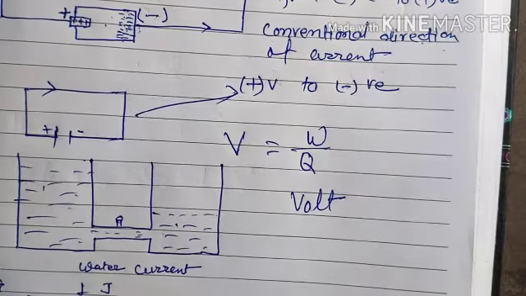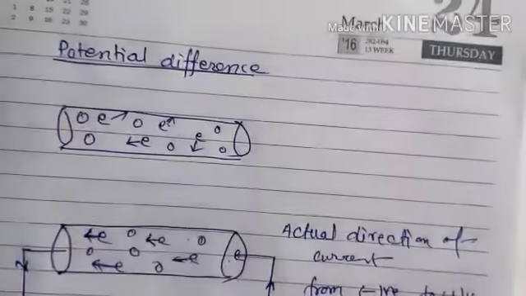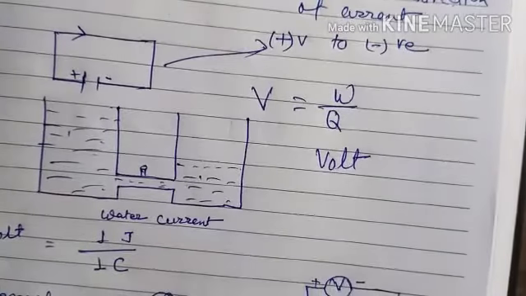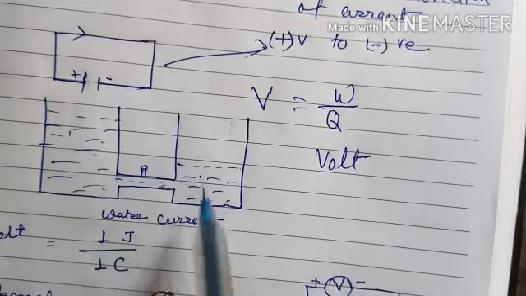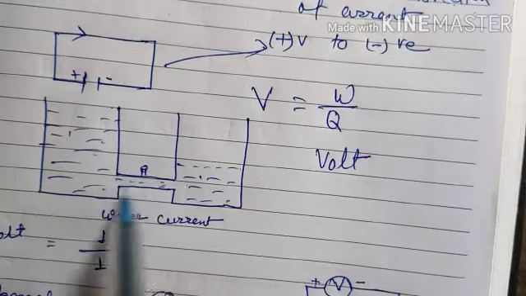Now, to understand potential difference, take two containers connected with a pipe.